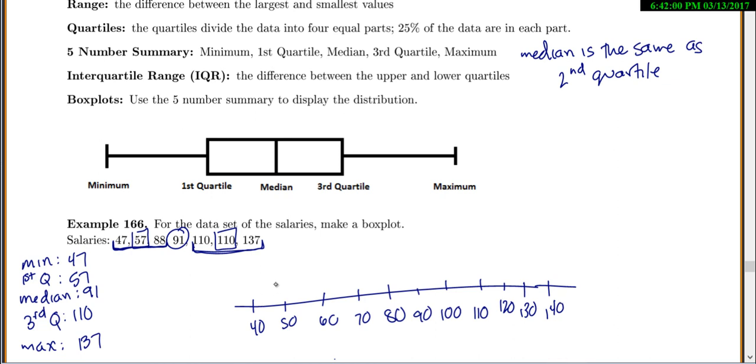So to make a box plot, you do a whisker, or yeah, you can call it a whisker. Do a line at your bottom number 47 and a line at your top number of 137. And you kind of then have your whiskers coming off of those. Then I like to do my box, which goes from 57 to 110. So here's 57 all the way up to 110.